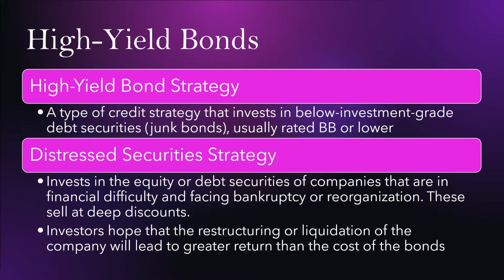So this is one that will be important to know for the exam. You might have a question on it. This distressed securities strategy is when you invest in the equity or debt securities of companies that are in financial difficulty and facing bankruptcy or reorganization.